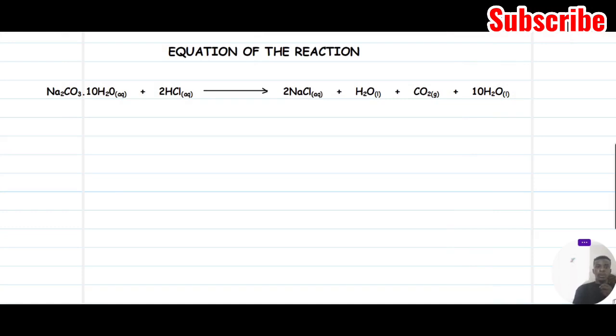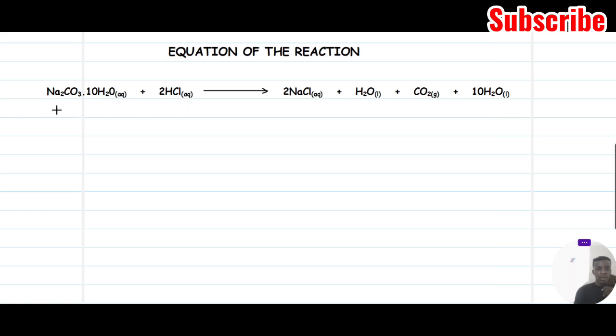Okay, so when you're done with this, what becomes the end point of the reaction? This is how you calculate the end point of a reaction. You can calculate that from the stoichiometric relationship between the Bn, which is sodium carbonate decahydrate, and your An, which is the acid, hydrochloric acid.